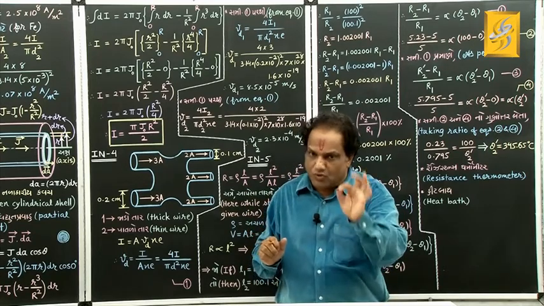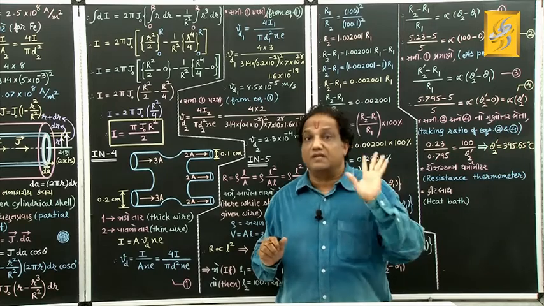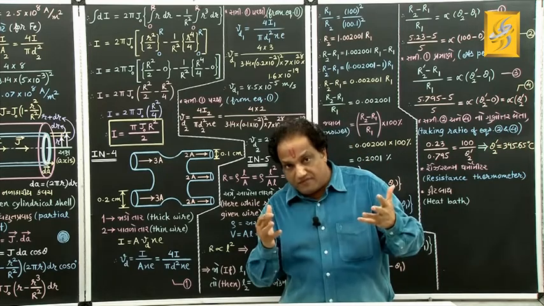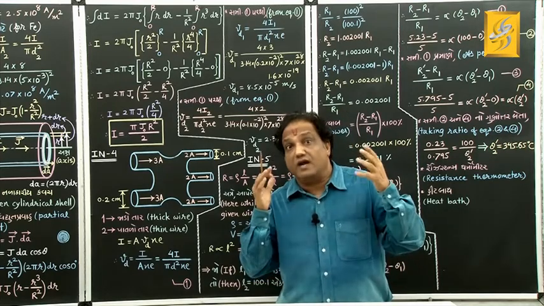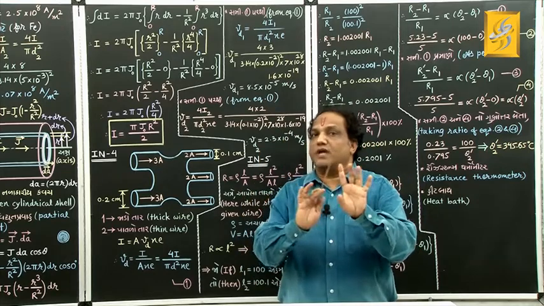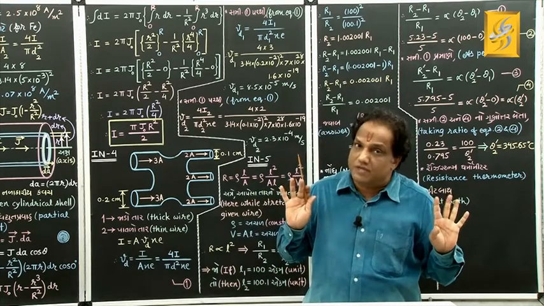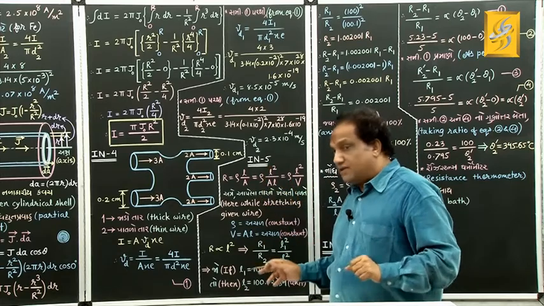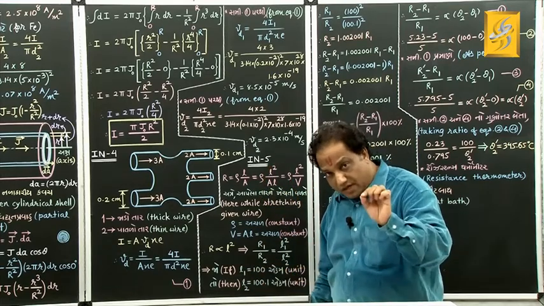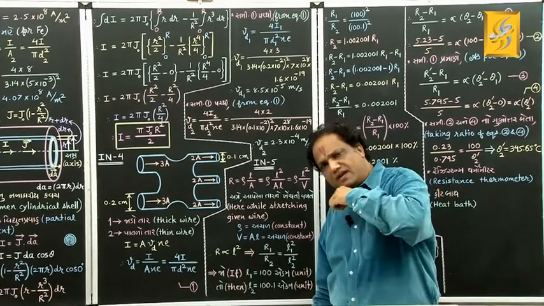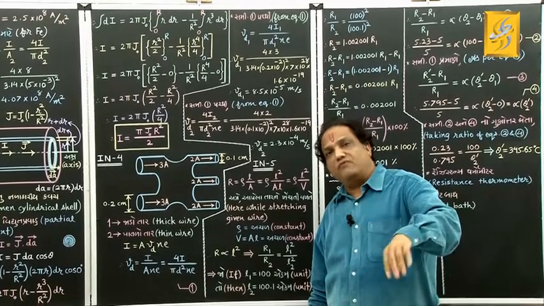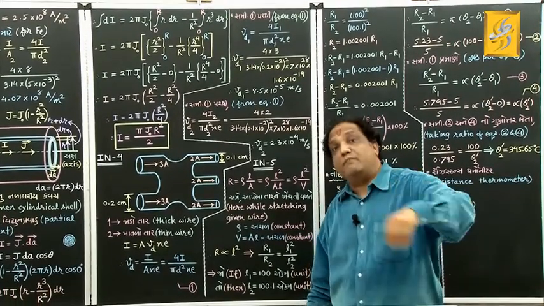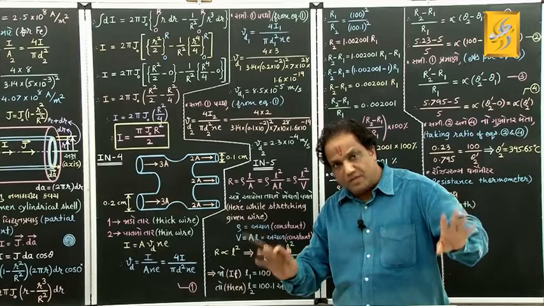You can use it only for very small changes in the length. But if change in the length is very large, then you cannot apply that method. So that method is not a general method. Here I am showing you that method which is most general, and you can apply it any time. I mean, for very small changes in the length, for very big changes in the length, no problem.